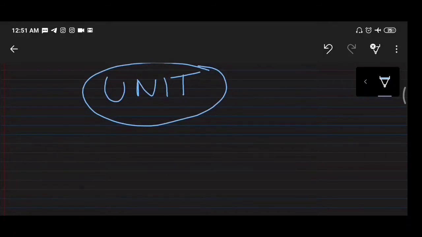So we are using SI units in this course.